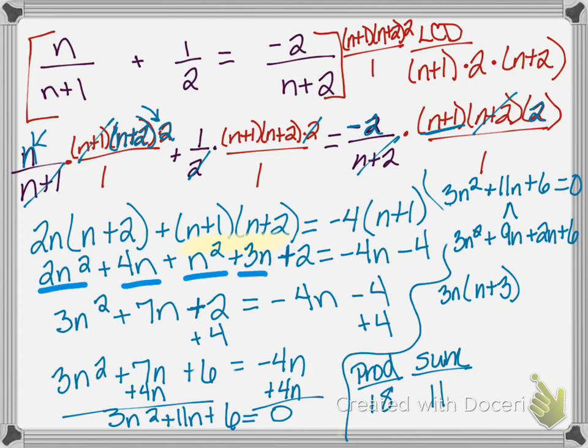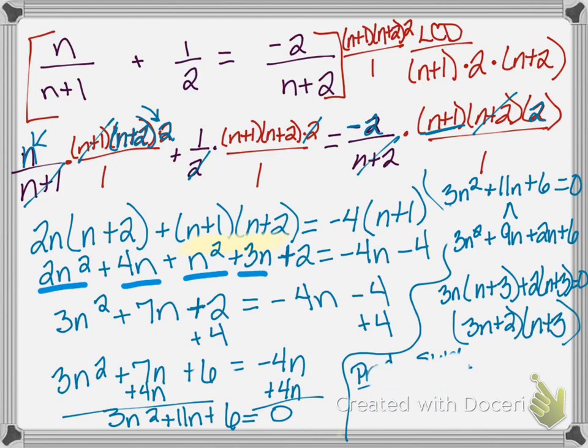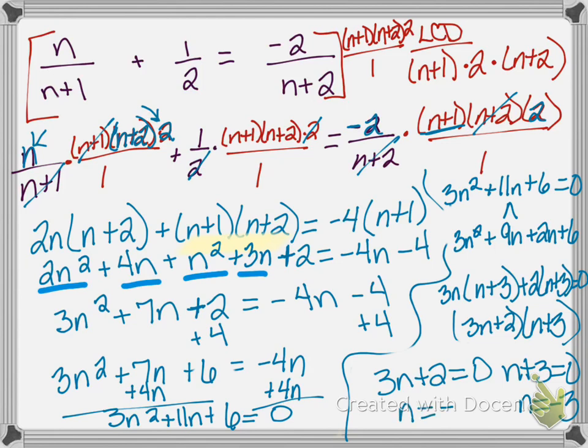Okay, 2 comes out of the second, so I'm left with n plus 3. So I have 3n plus 2, n plus 3. So 3n plus 2 equals 0, n plus 3 equals 0. N equals negative 2 over 3 and negative 3.